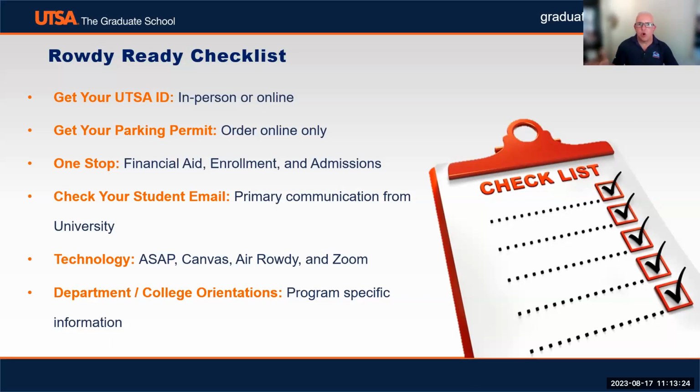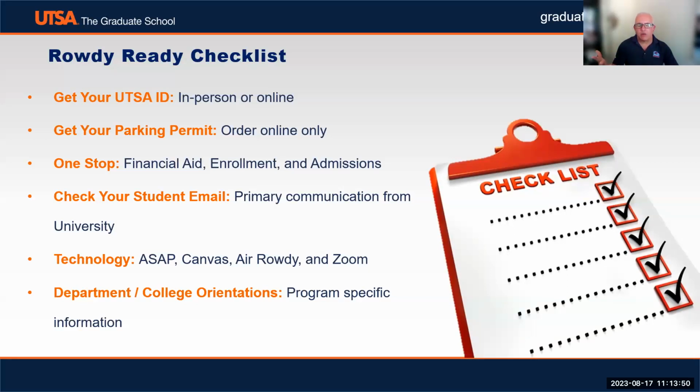Canvas is, if you are a previous student and you're familiar with Blackboard Learn, the university is moving to Canvas. So now you would be logging into Canvas for any of your course needs. Air Rowdy, which is the UTSA Wi-Fi network, was recently upgraded. So if you step onto campus, you will have the opportunity to log into Air Rowdy.